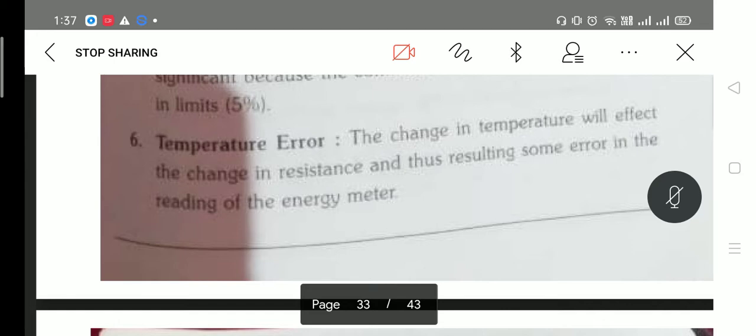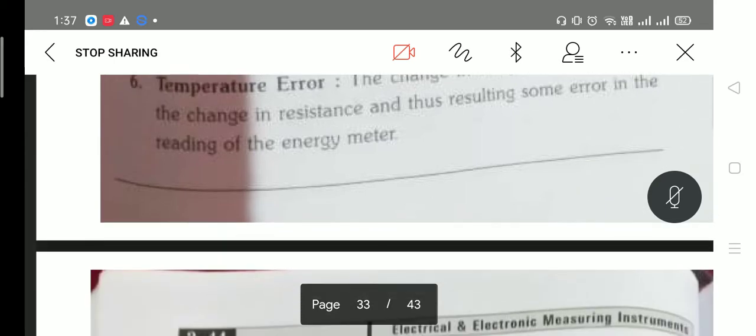That is why, at the time of manufacture only, we can provide better cooling in the energy meter, and then we can avoid the temperature error. At manufacture time we can construct the cooling also, giving some holes for the instrument, then we can avoid this temperature error.